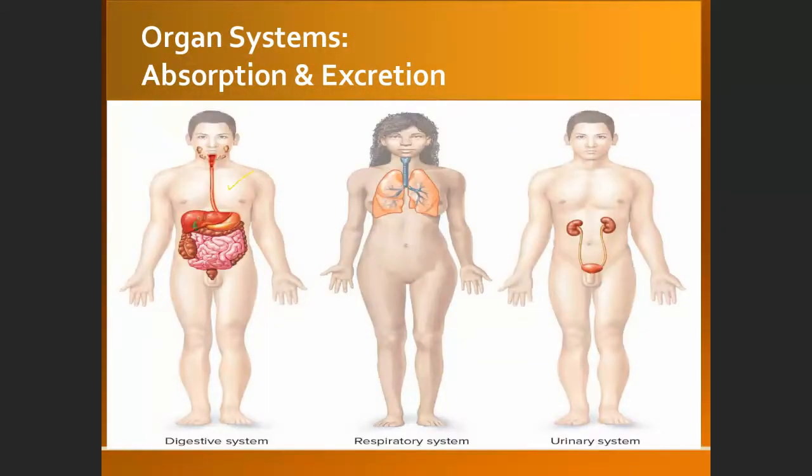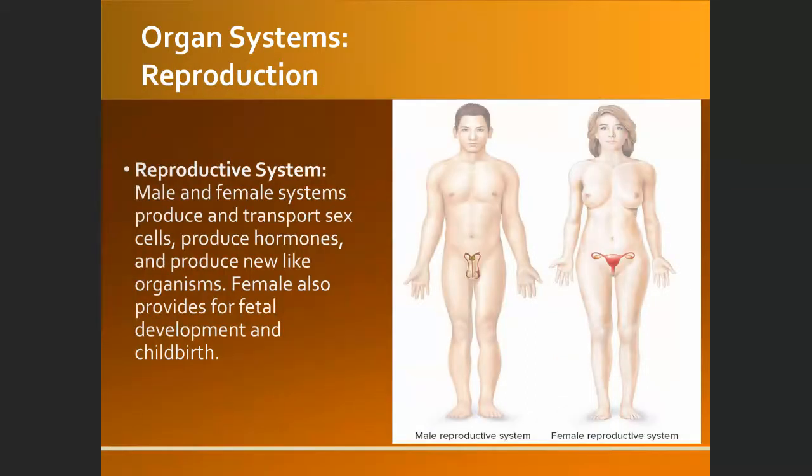So this is the digestive system, respiratory system, and this is the urinary system. The reproductive system for male and female is going to be different organs. The male reproductive system consists of testicles, epididymis, ejaculatory duct, penis, and etc. For female, it consists of ovary, so there are two ovaries, and then the uterine tube, the uterus, vagina, and so on.